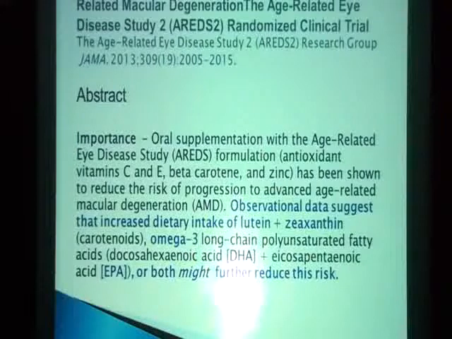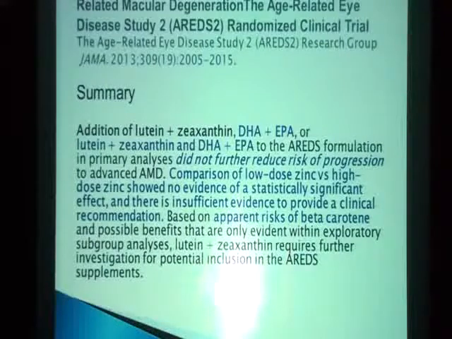And it was a question of whether adding 2 types of drugs to the AREDS formula, lutein and xanthine, omega-3s, and EPA might further reduce the risk of age-related macular degeneration. Is it significant? Does it do anything? So the abstract asks, in effect, that question. It does not give an answer in this case. But take a look at the summary.